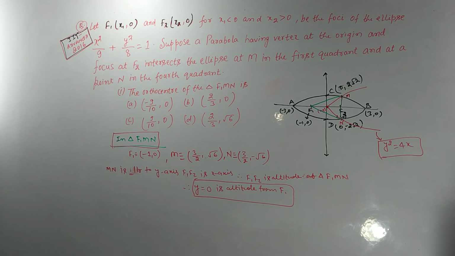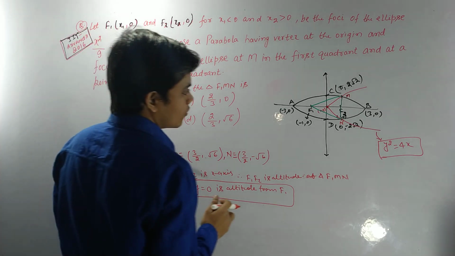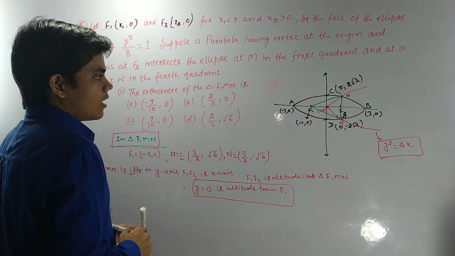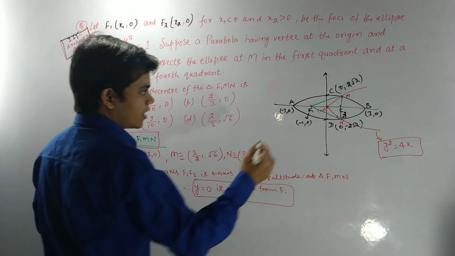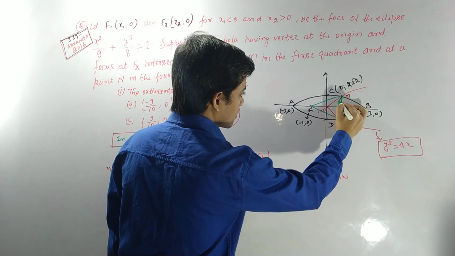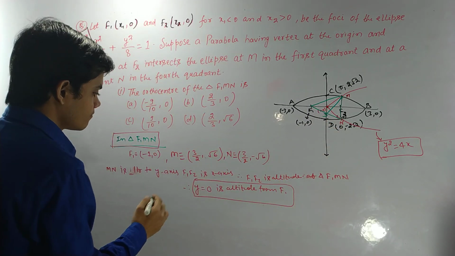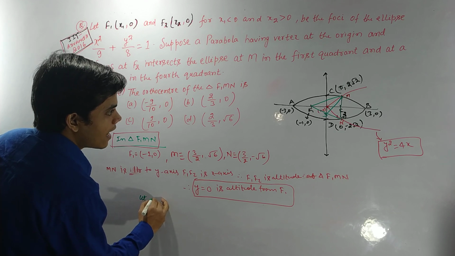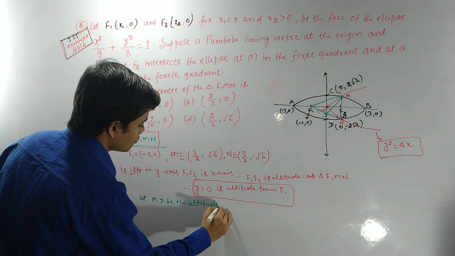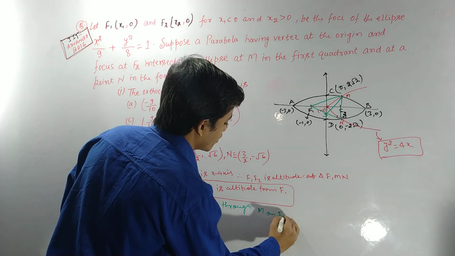Alright. So now we are interested in another altitude. First of all, we want an altitude from this point M to F1N, call it D. Let MD be the altitude through M on F1N.